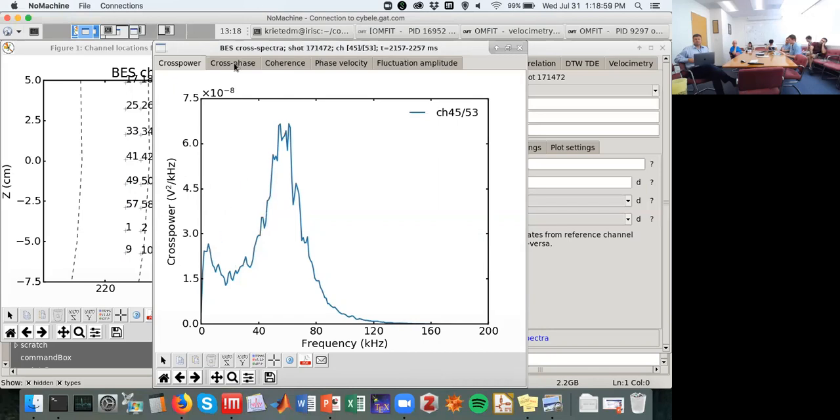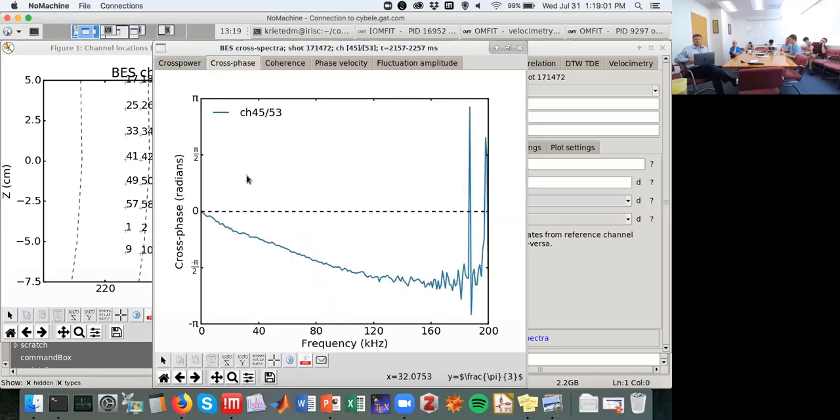So now if you look at the cross phase, this basically tells you what the phase angle is between these two channels as a function of frequency. And here this phase is in radians, so it goes from negative pi to pi. And it basically looks more or less like a linear trend, slight rollover.